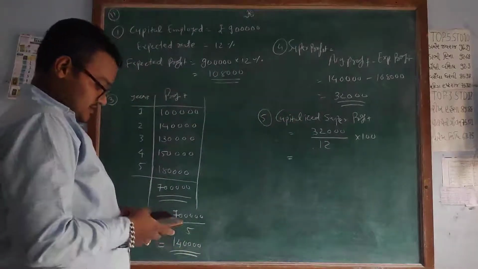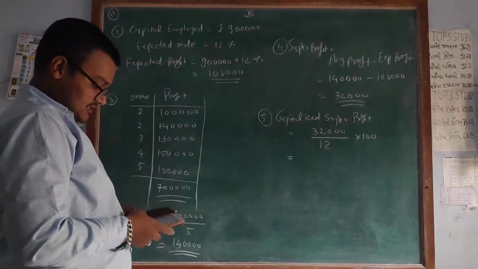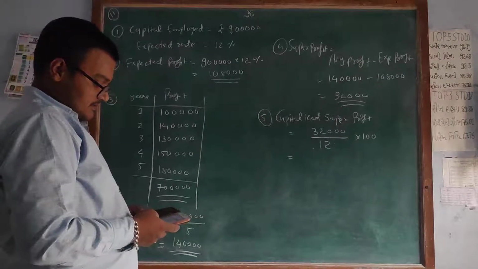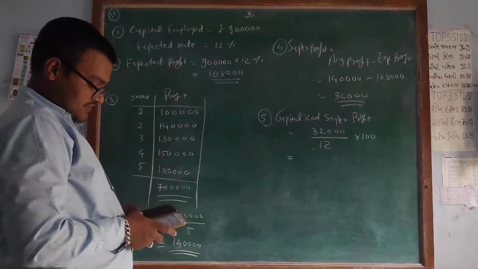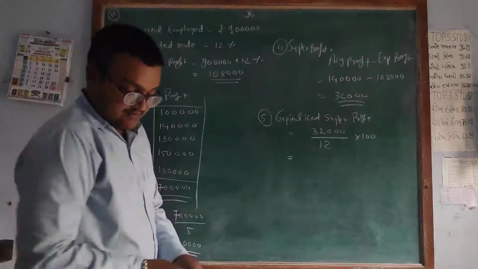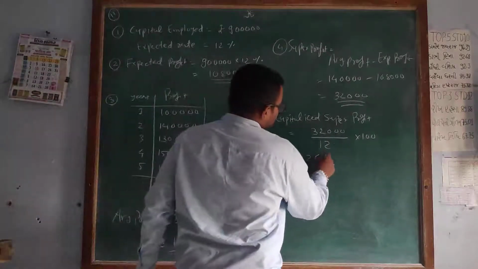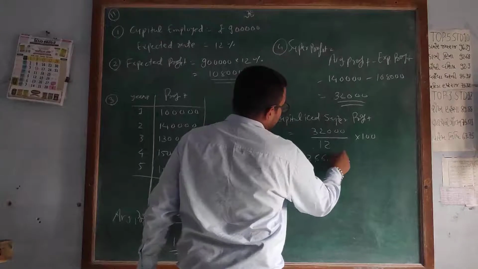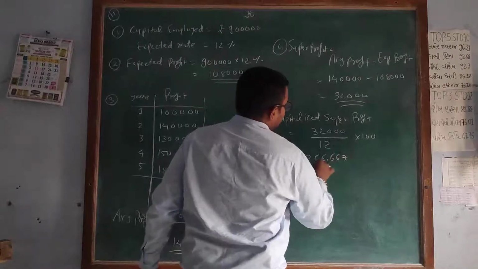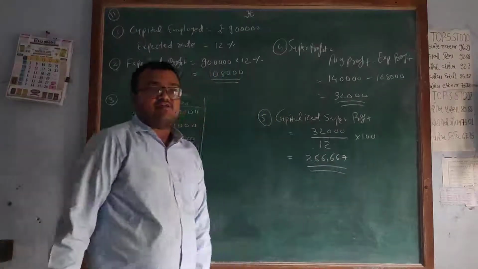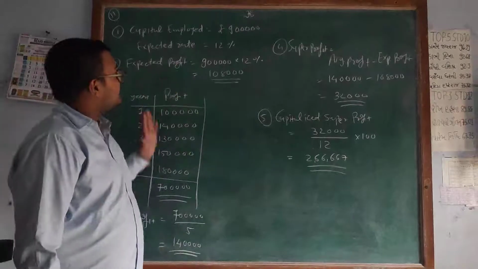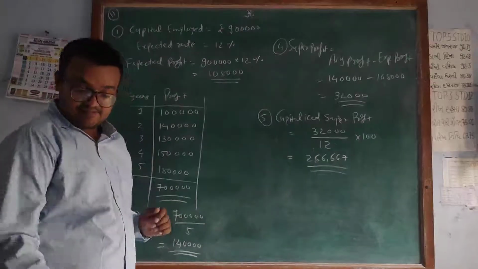Capitalized profit: 32,000 into 100 divided by 12, then the answer will be 2,66,667. So that is our sum number 11.